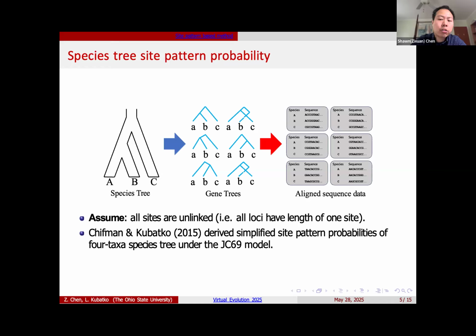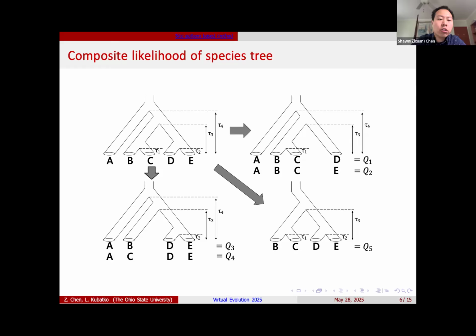Then what about the larger trees? Well, for larger trees, we can use the composite likelihood framework. Under mild regularity conditions, composite likelihood estimators are known to have good statistical properties, such as statistical consistency and asymptotic normality.